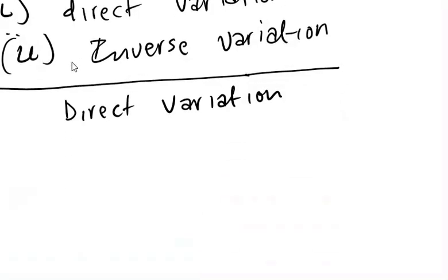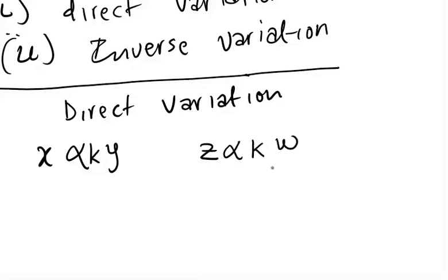Under direct variation, if we say x is direct proportion to y, we write like this. But of course there will be a constant of proportionality here. If we say z is direct proportional to w, we have a proportional constant. So direct proportion, we just write like this.